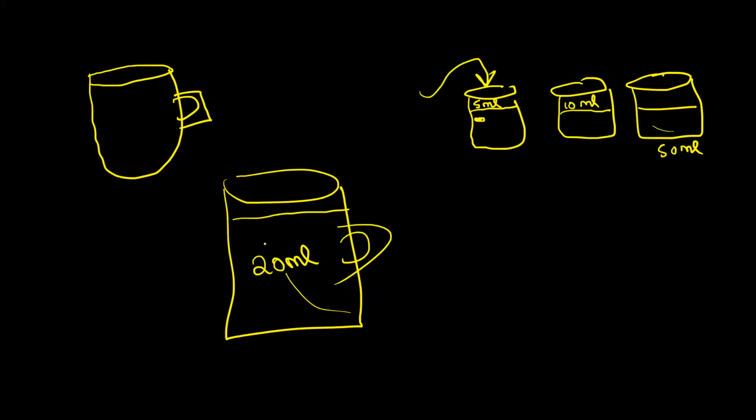No matter how much liquid I have, I will first give preference to this glass. Why? Because this glass has the least amount of space and will get full with a very small amount. So I will first put 5 ml here, fill the glass. Then I will put 10 ml here, fill the glass. And then the remaining, I will put in glass C.